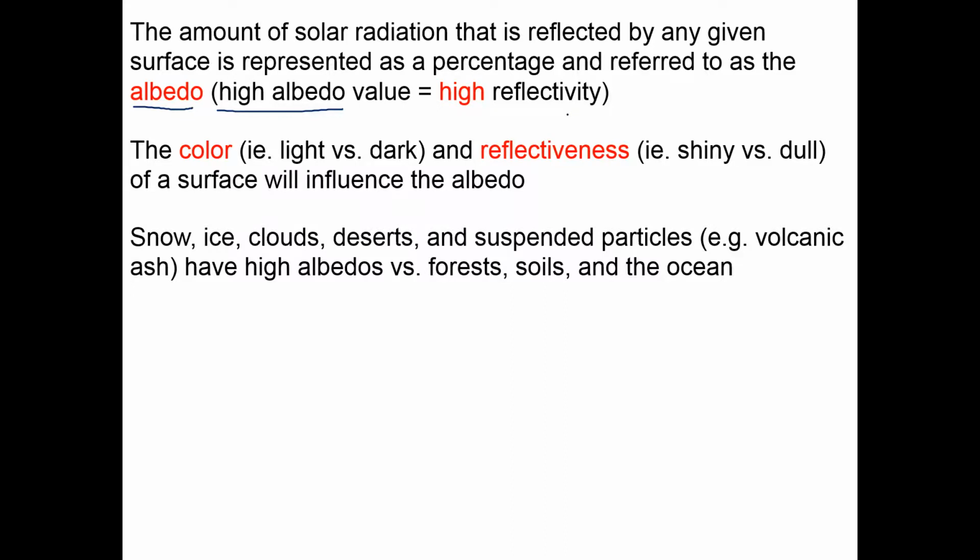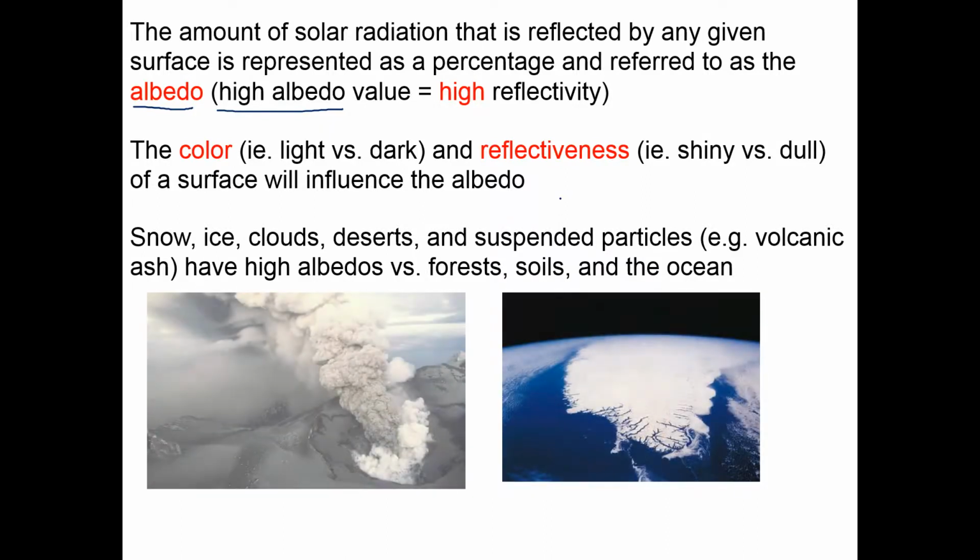Color, in fact, affects reflectiveness. Before you read any further, which color do you think has a higher albedo? Light or dark? But anyhow, the shininess and the color, of course, impacts the albedo. So you can see the examples here. This is ice sheet. This is cloud and dust. Well, it's mostly dust because it's from a volcano.